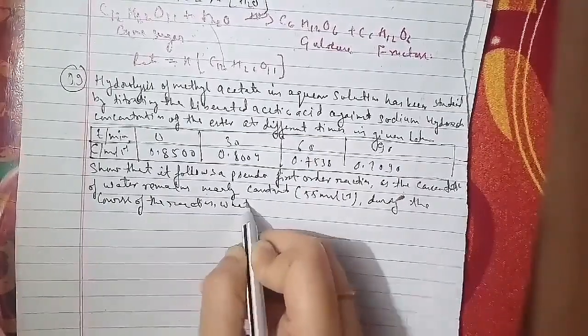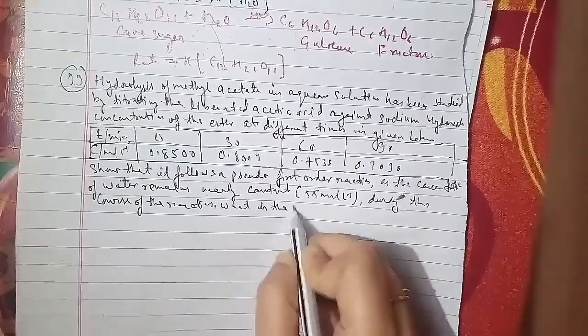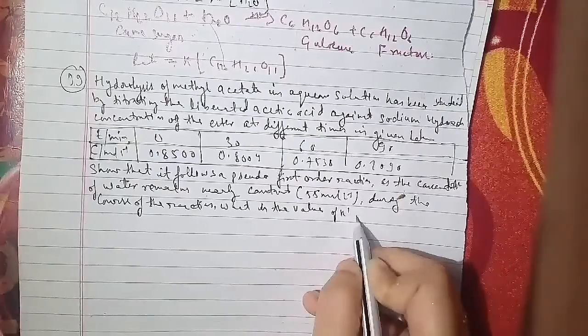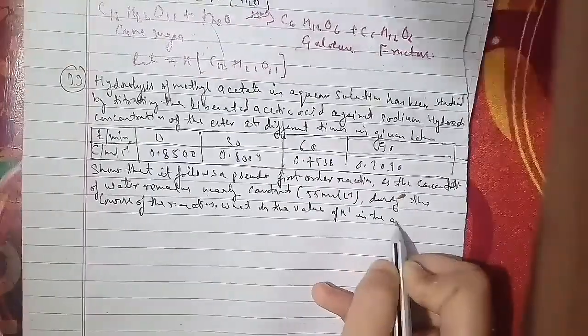What is the value of K dash in the equation?